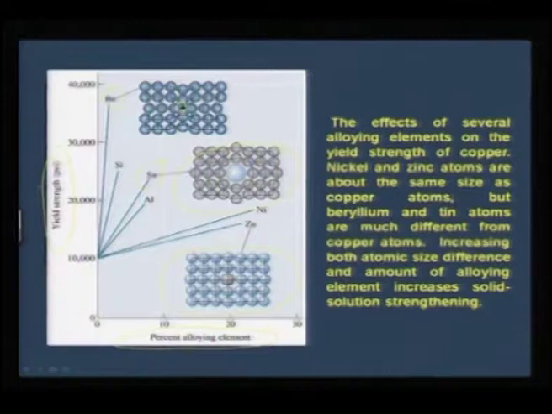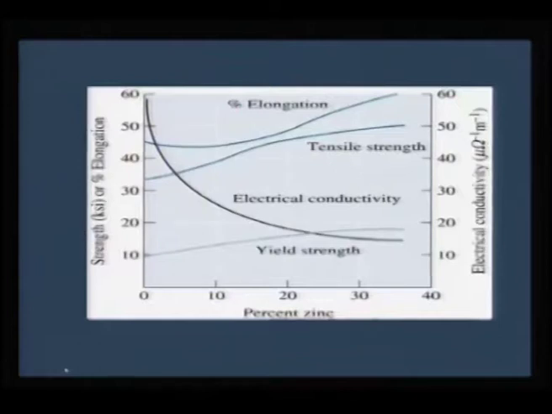This is the solubility limit for all these three compounds, but you can get a maximum yield strength for beryllium only around this composition, maybe up to 20. For tin we can extend up to 30. So, this also determines the architecture of your solid solution.